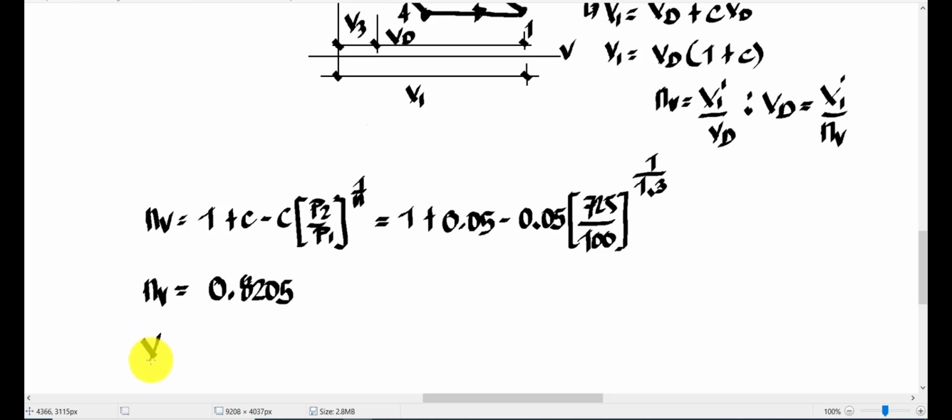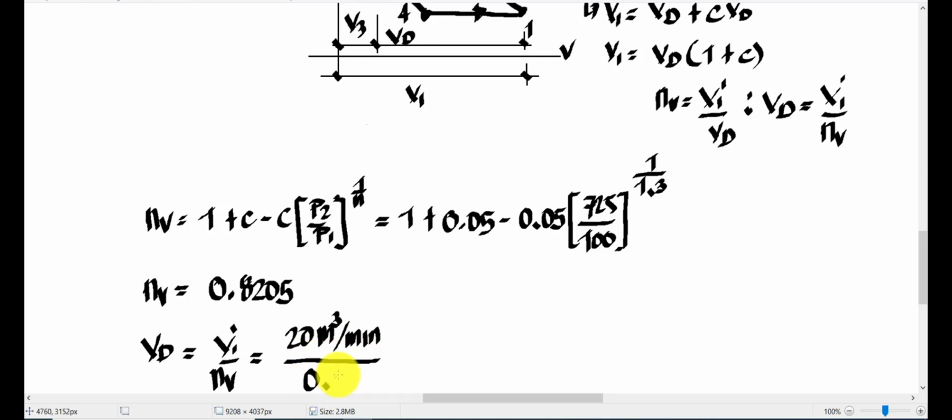So our volume displaced is equal to your V1 prime divided by the volumetric efficiency, which is 20 cubic meter per minute, then divided by the volumetric efficiency, 0.8205. So this is now equal to 24.38 cubic meter per minute.